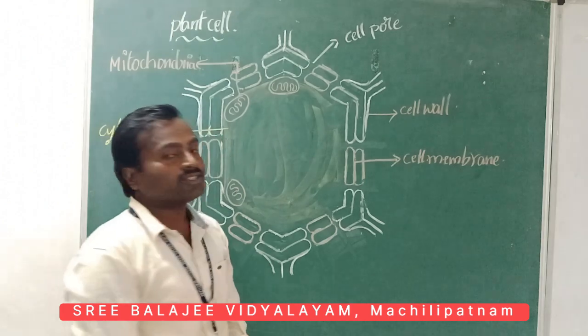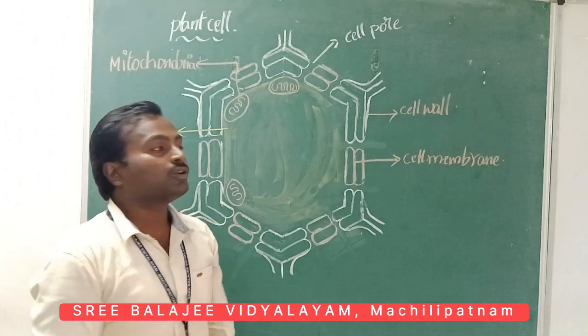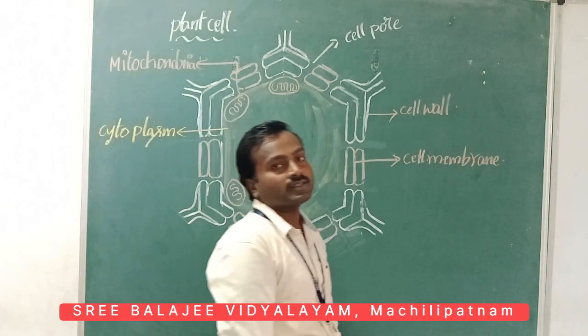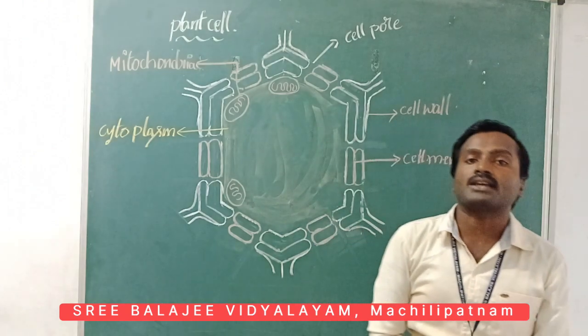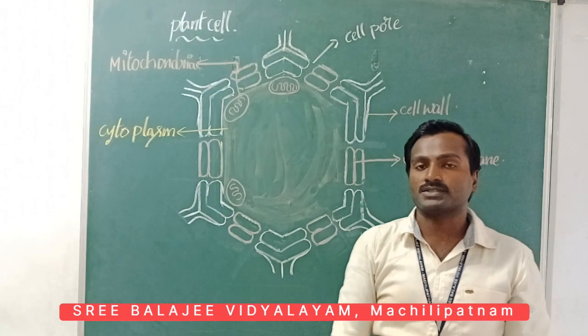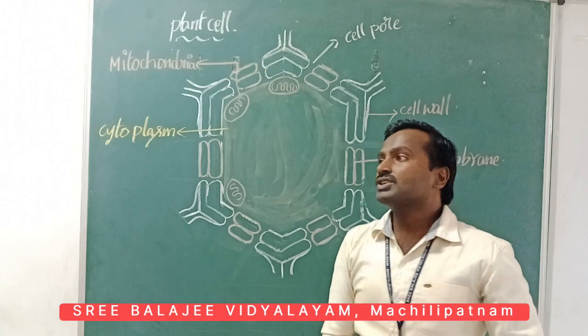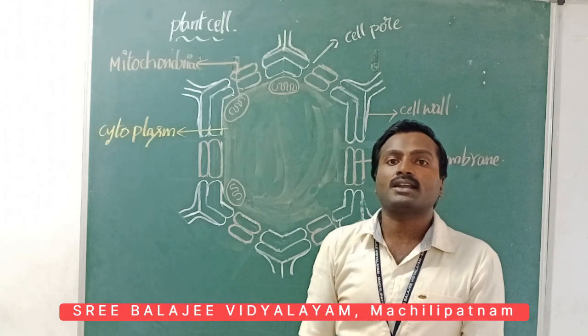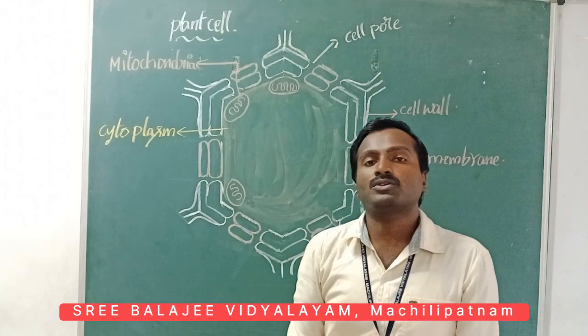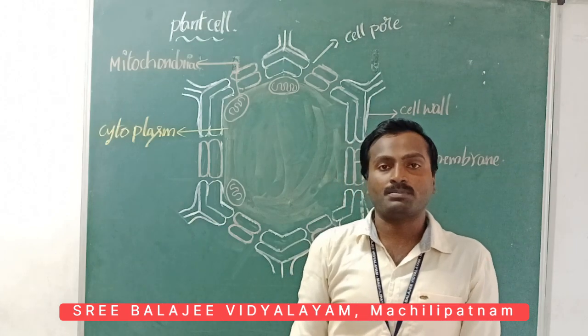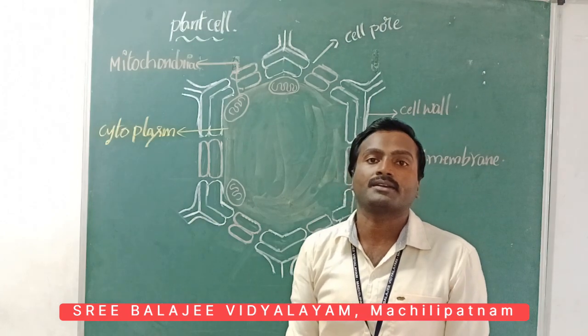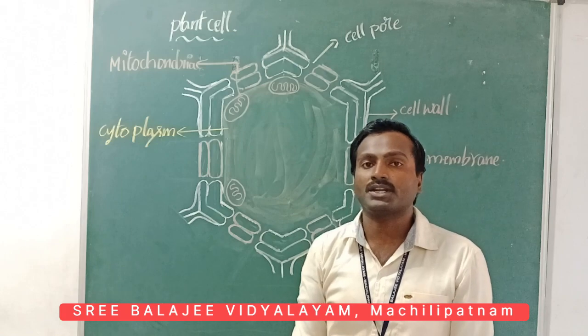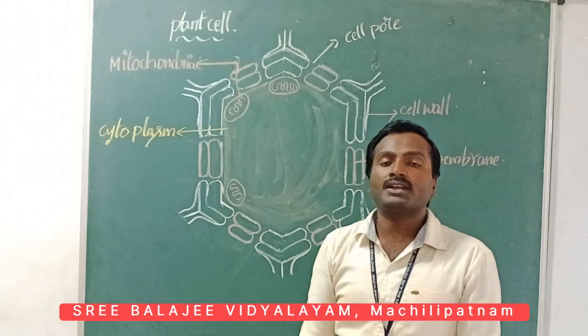Next, the unique feature of the plant cell is the chloroplast. Because of the presence of chloroplasts, plant cells can perform the process of photosynthesis. Each and every plant cell contains chloroplasts. How many chloroplasts are there per plant cell? 40 to 100 chloroplasts are present per plant cell.